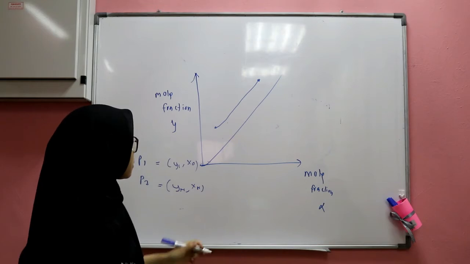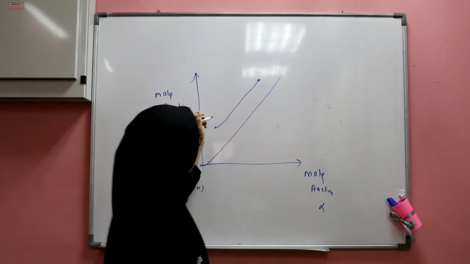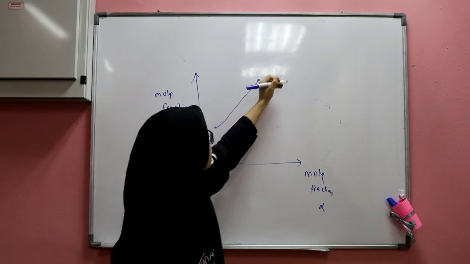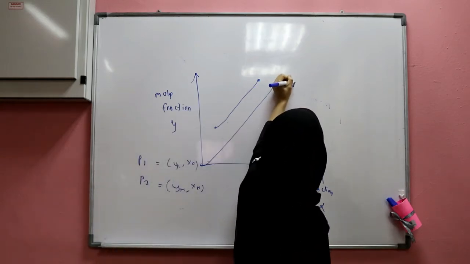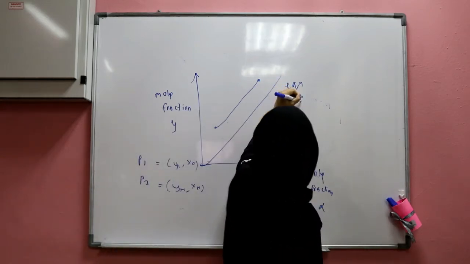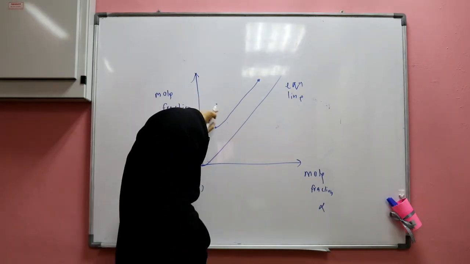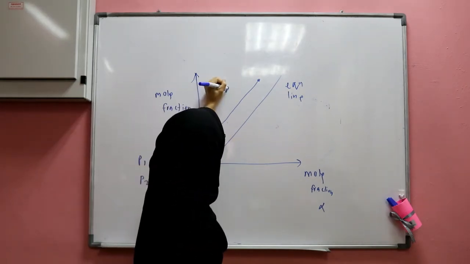Okay, for the stages, we will do it from below. Okay, this is the equilibrium line. So we will start by, this is the operating line.